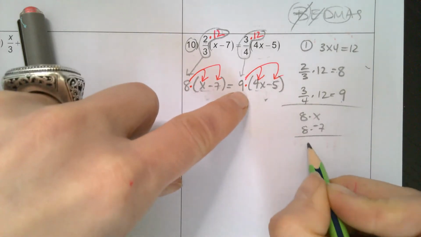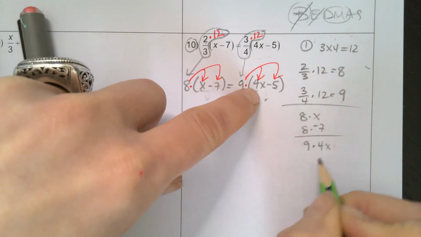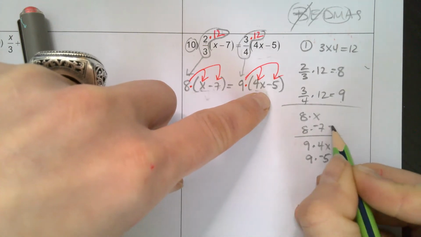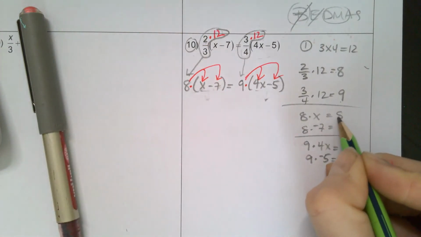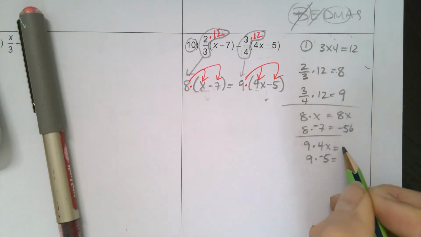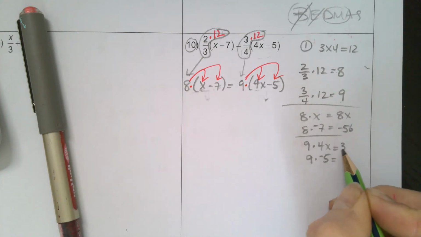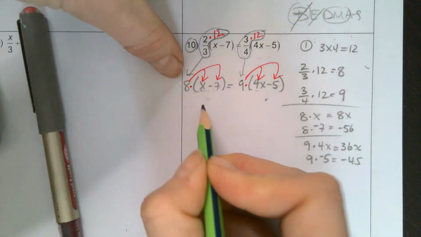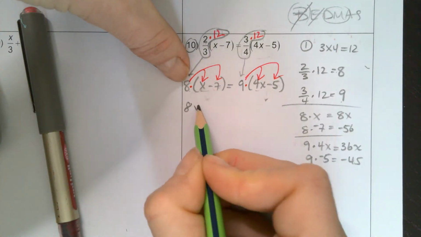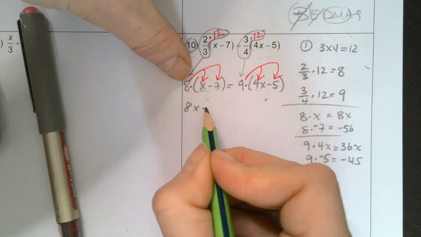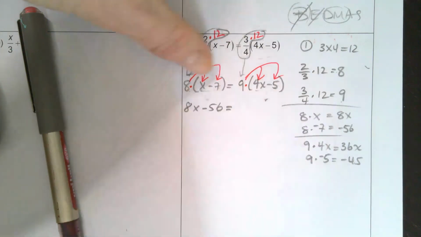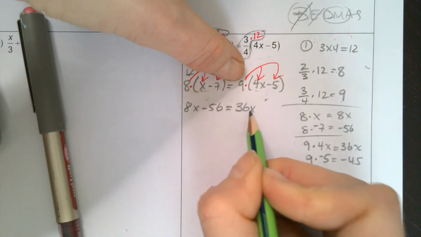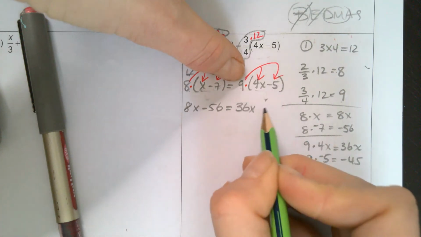And then here it's 9 times 4x and 9 times negative 5. Okay, so that's 8x minus 56, 36x minus 45. So 8 times x is 8x, 8 times negative 7 is negative 56, 9 times 4x is 36x, 9 times negative 5 is negative 45.